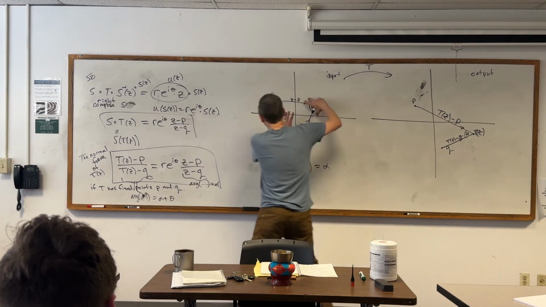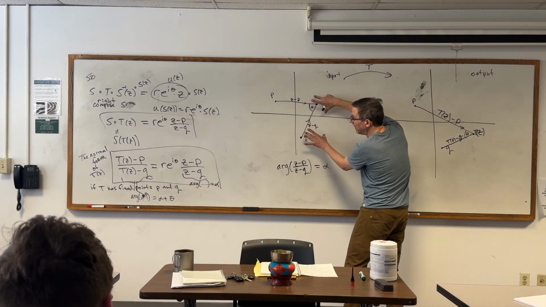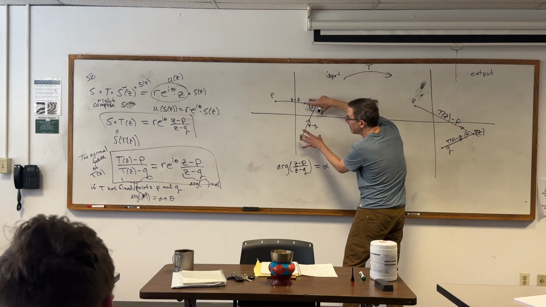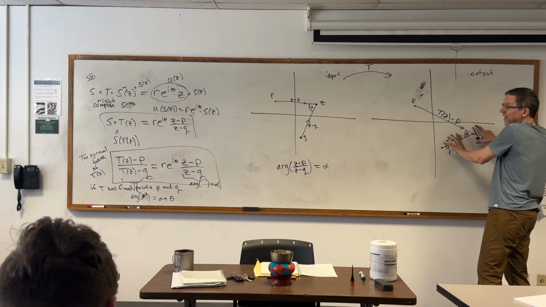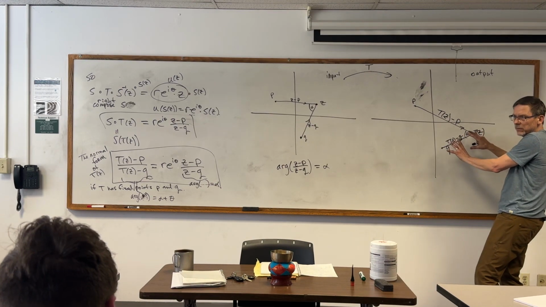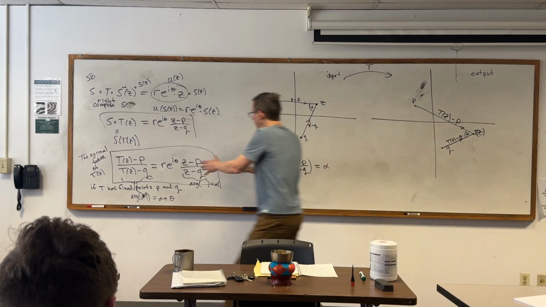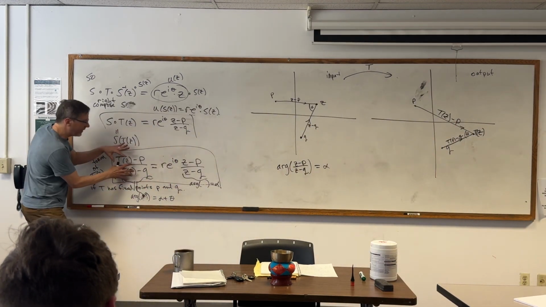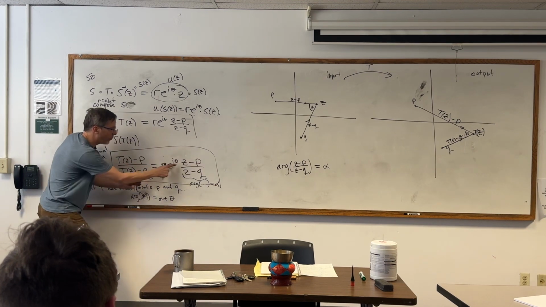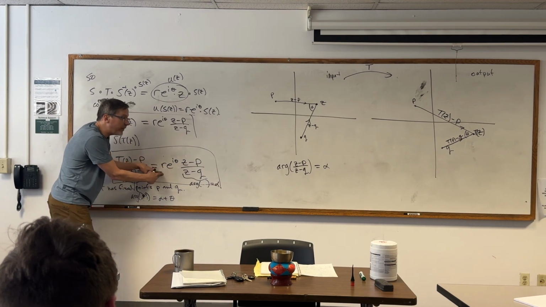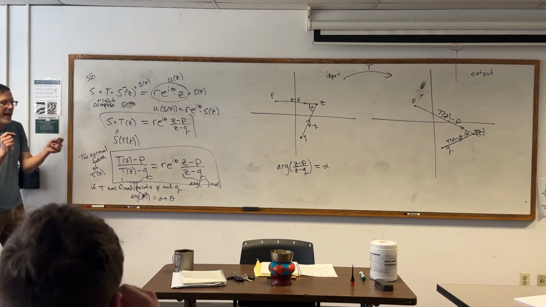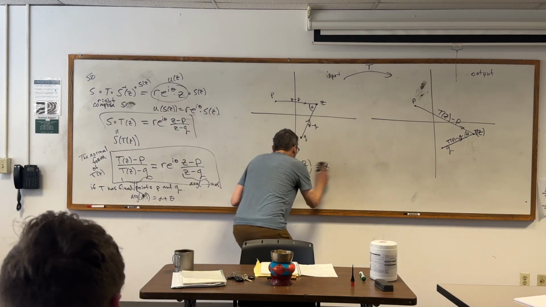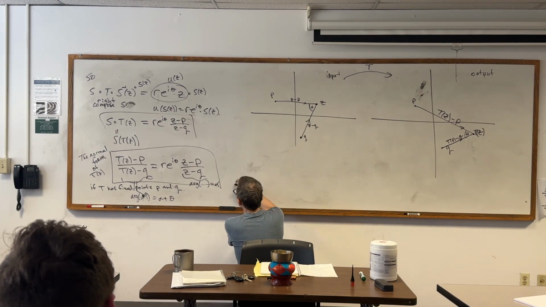So this little picture here, this T of Z minus P over T of Z minus Q, is just this picture rotated by theta. Right? This is just a rotation. So this side is this side rotated by theta and scaled by R. Let me write that out in words, because I've been saying it all sorts of different ways.